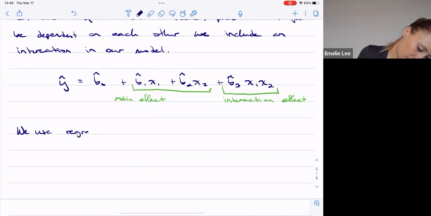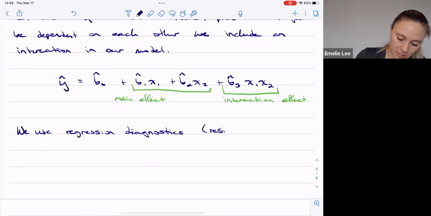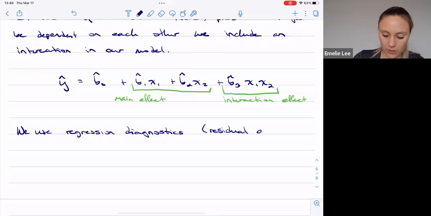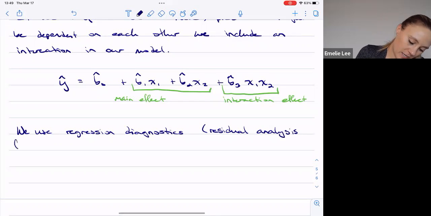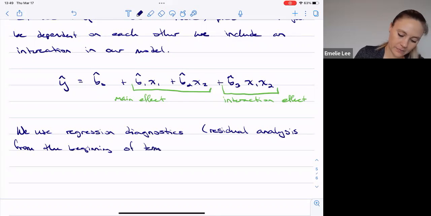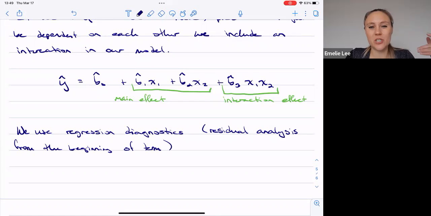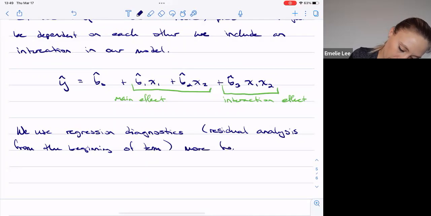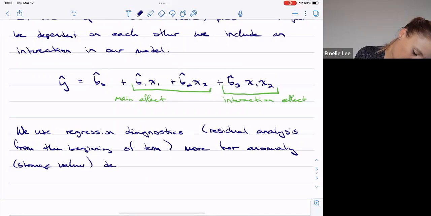We use regression diagnostics, which is that residual analysis, which we actually spent a fair amount of time working on at the beginning of the term, not so much to check how our model does, but instead for anomaly detection. So strange values, anomaly detection.